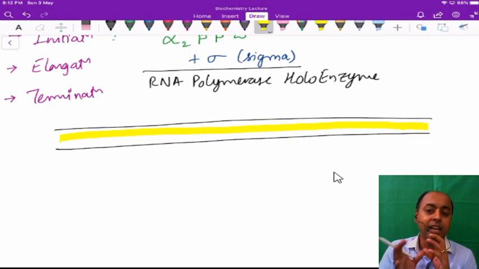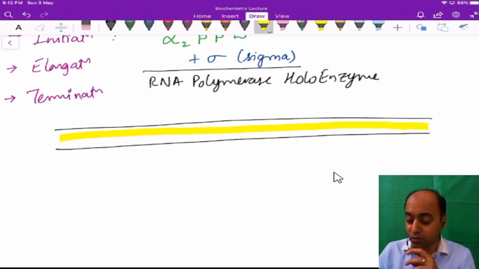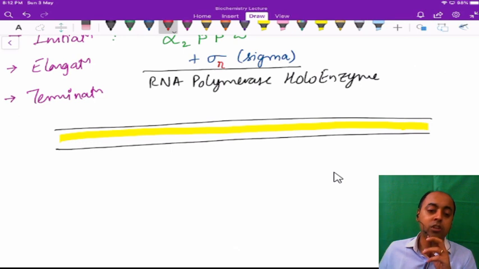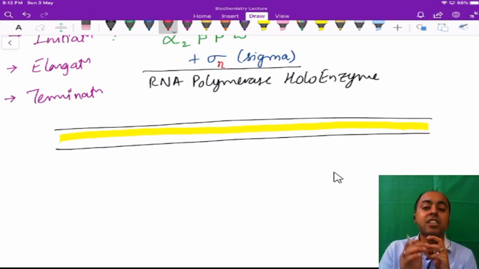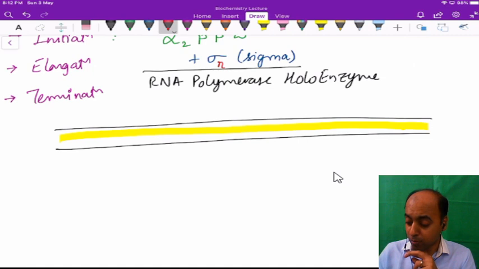In this context, remember, in prokaryotes, we have a specific sigma subunit for the specific promoter. So which promoter the holoenzyme will go and attach to depends on which sigma subunit is attached to the RNA polymerase holoenzyme.